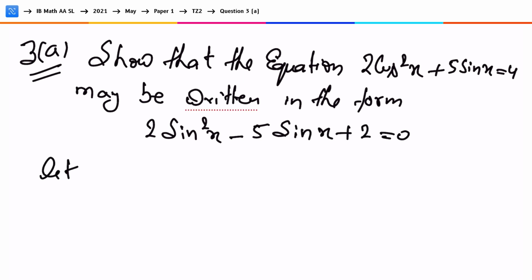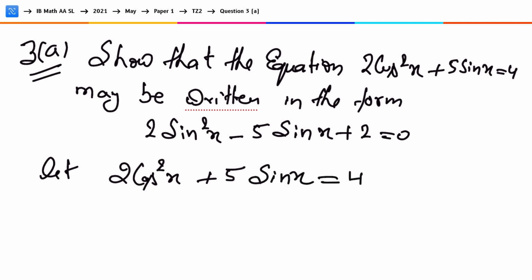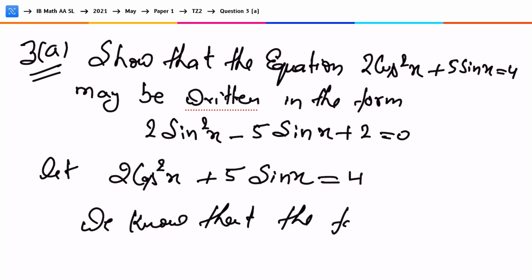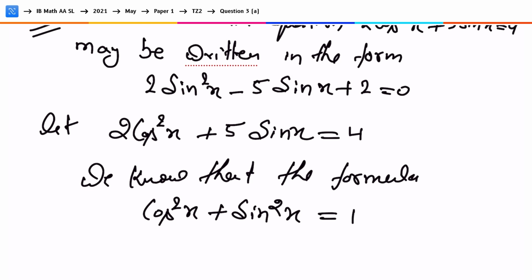Let's start by considering the equation 2 cos squared x plus 5 sine x is equal to 4. We know the formula cos squared x plus sin squared x equals 1.